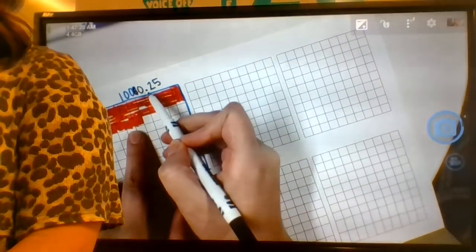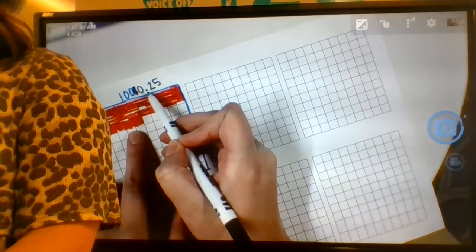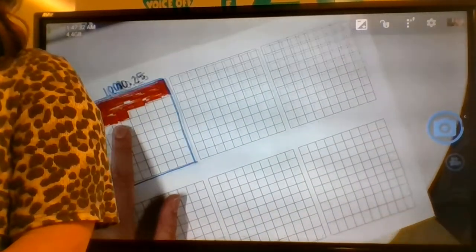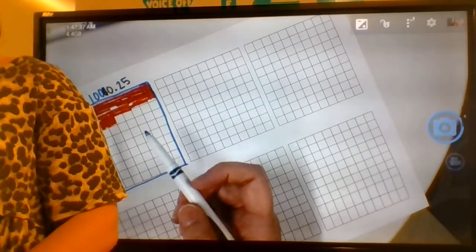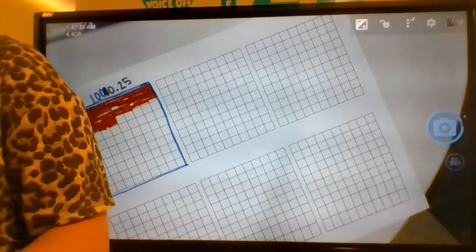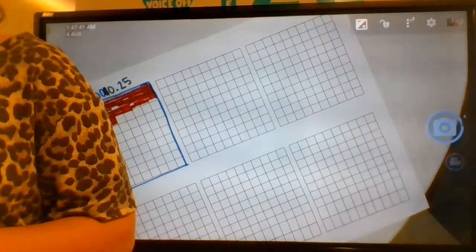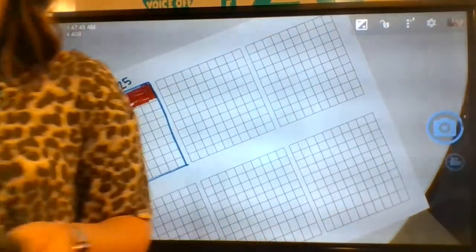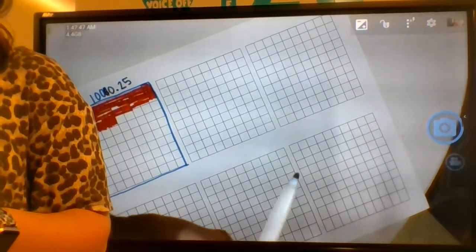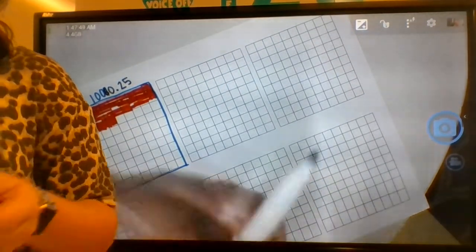So that is 25 cents represented in decimal form. Okay, so what if I have 1 dime and 2 pennies?